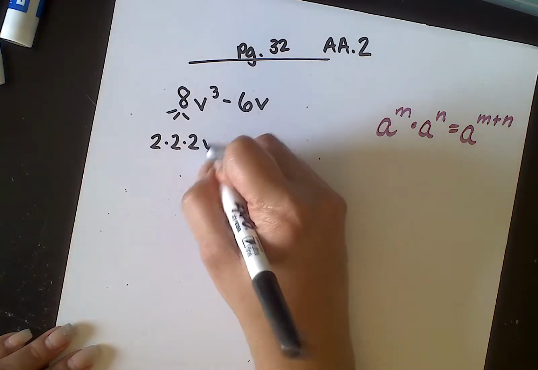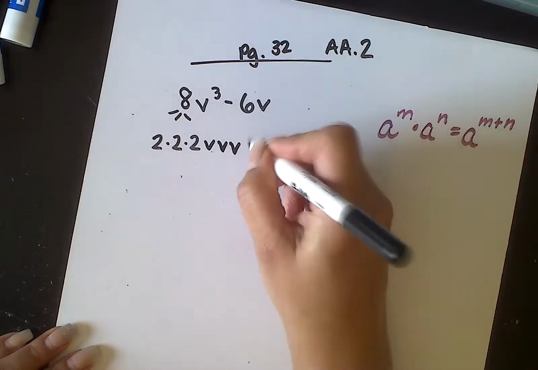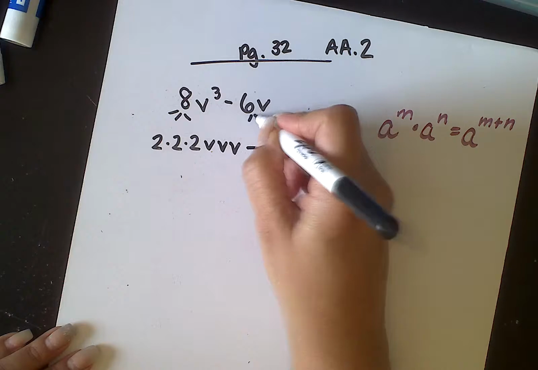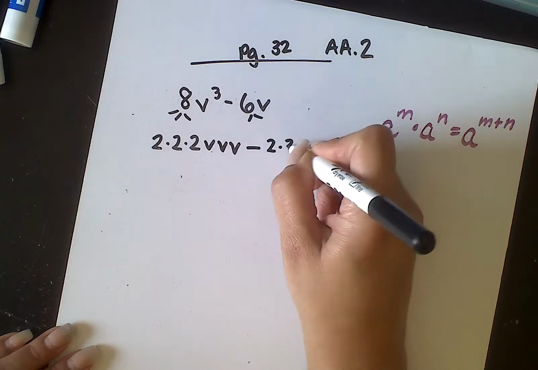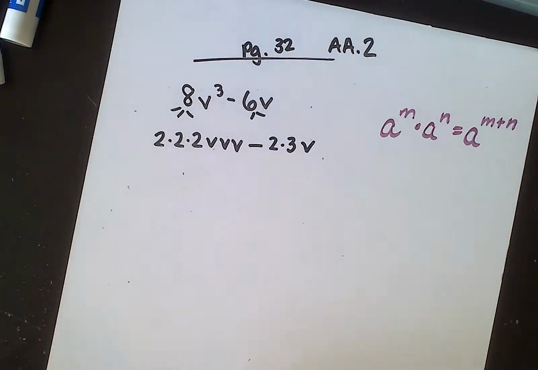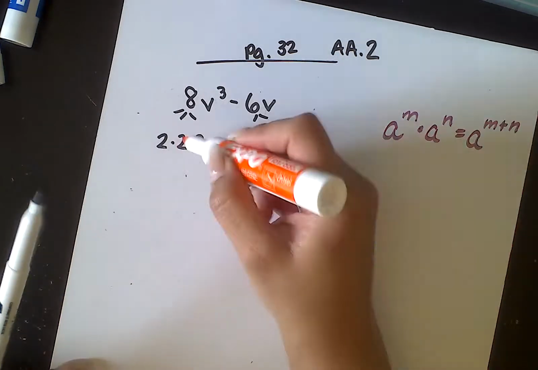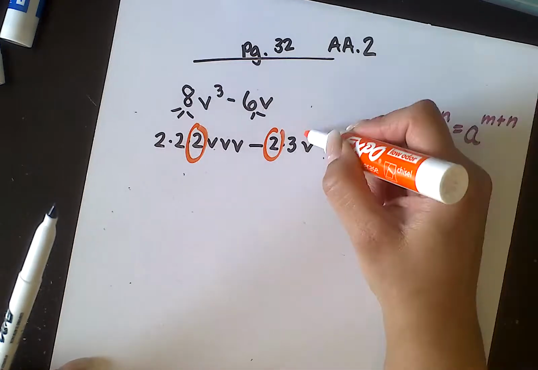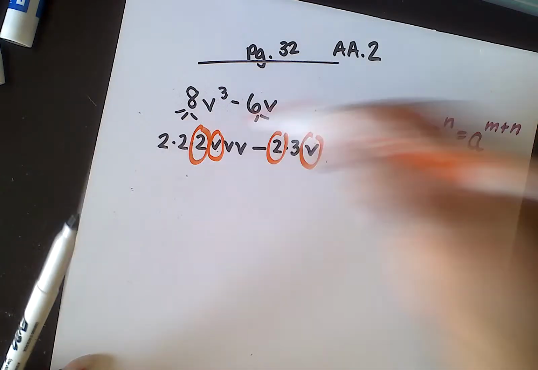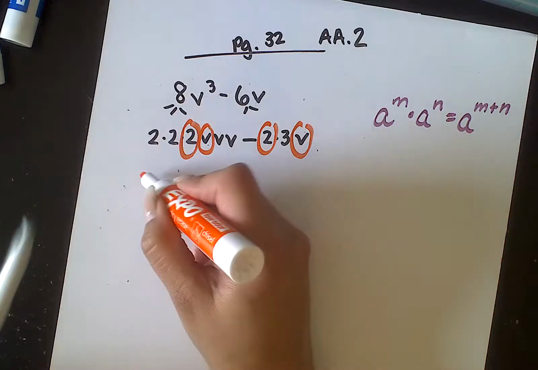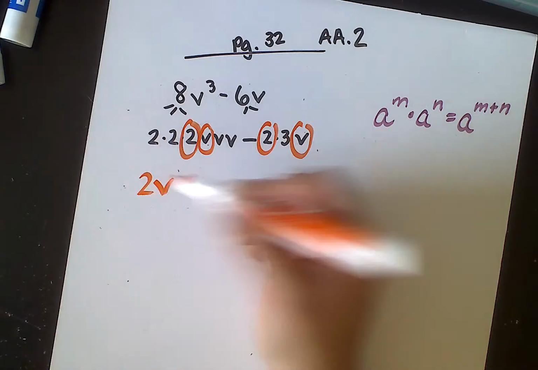And then v, minus, I'm going to break that down into 2 times 3, and then just 1v. And let's go ahead and circle what we have in common. They both have 1, 2 in common and 1v in common. So that means my GCF is 2v.